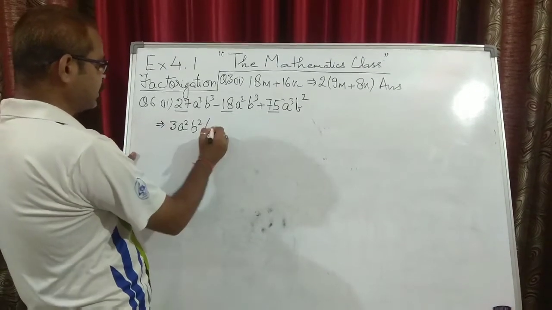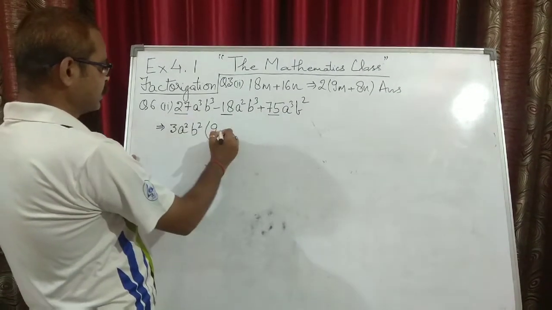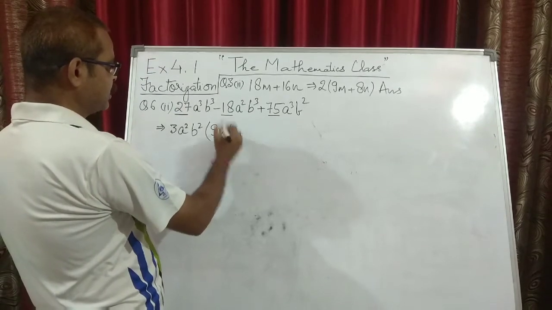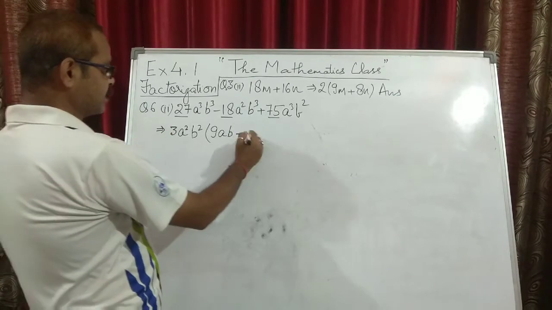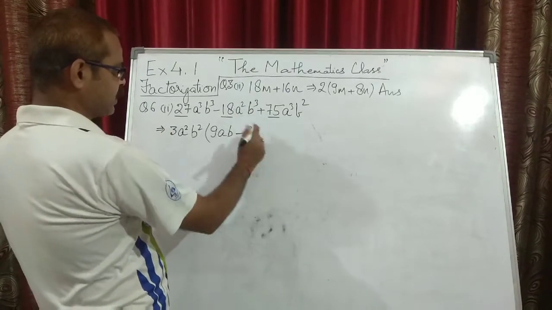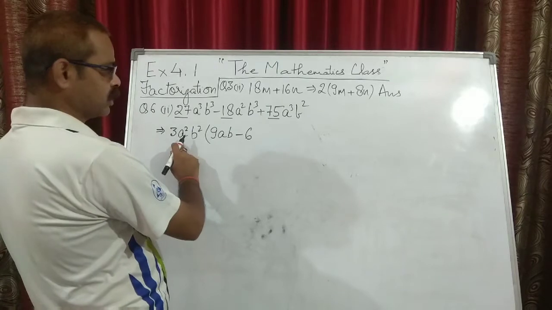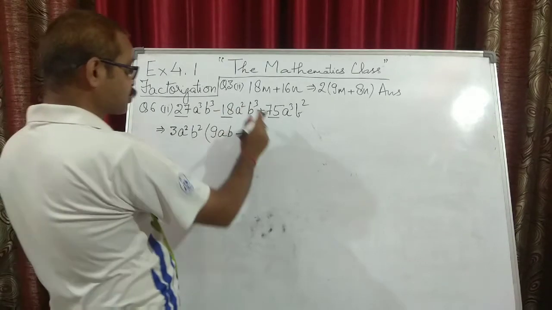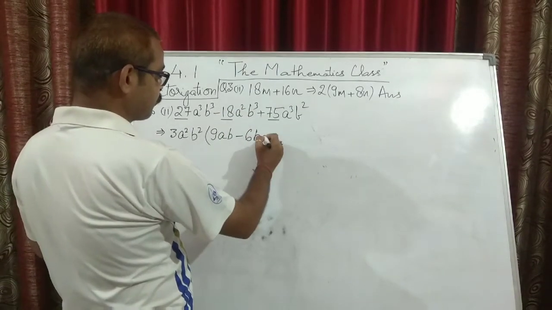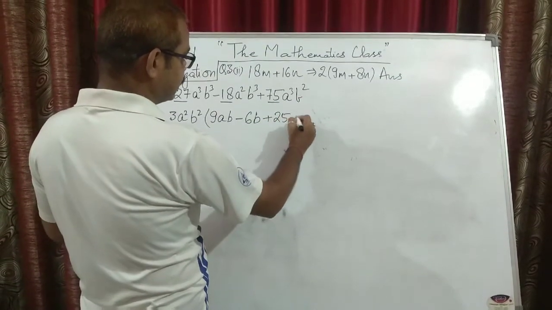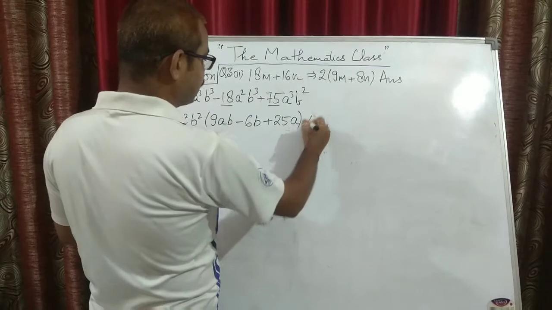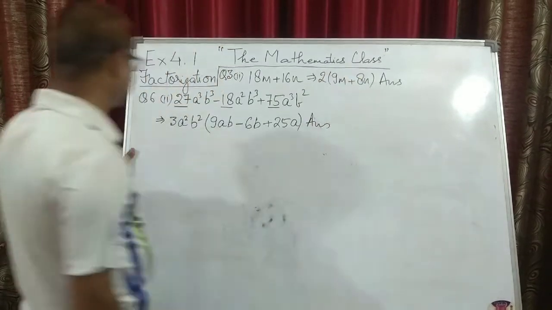Now what is left? 3 nines are 27, a and b. Minus came, so we write minus. Now 3 6s are 18, a square already taken common, so nothing is left in a, and b is left. Plus 3 25s is 75, a is left, b square is already common. That is the final value.